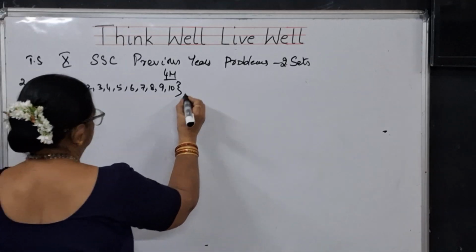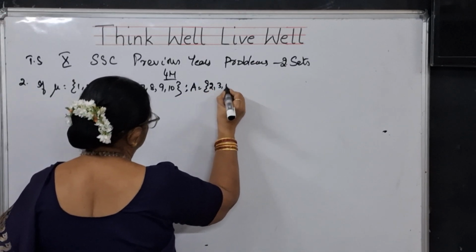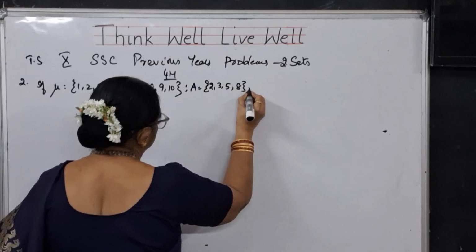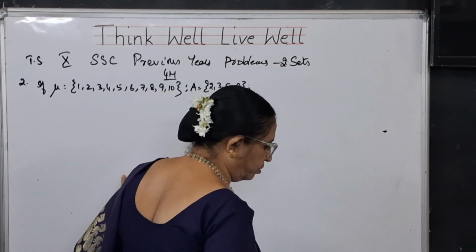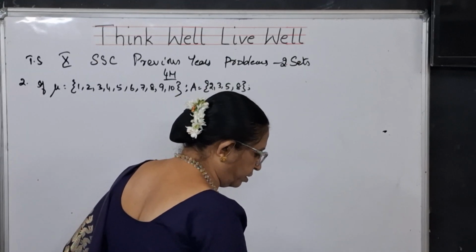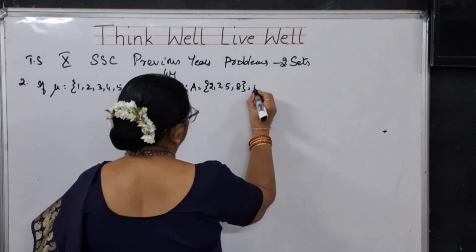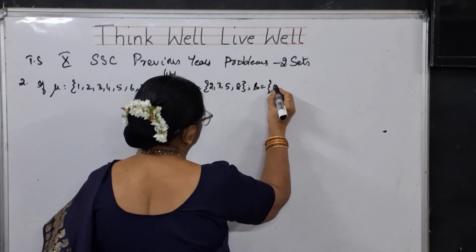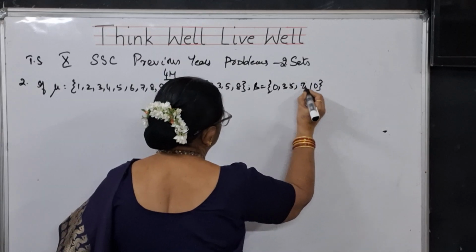A is equal to 2, 3, 5, 8. And B is equal to 0, 3, 5, 7, 10.